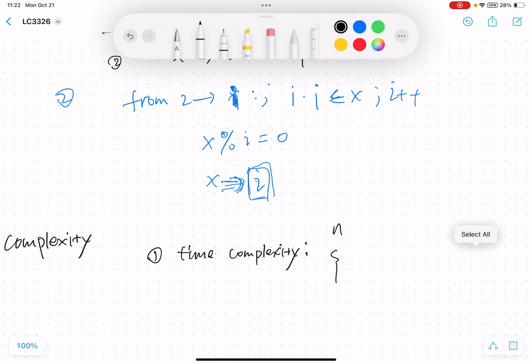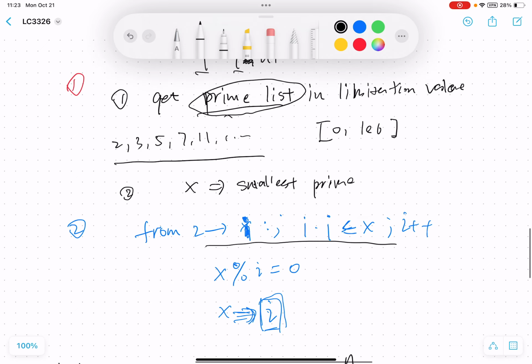For the second way, the time complexity will be the square root of 1 million, which is the maximum value of every element, because the length of this loop will be the square root. For the first solution, with the prime list, maybe n log n.